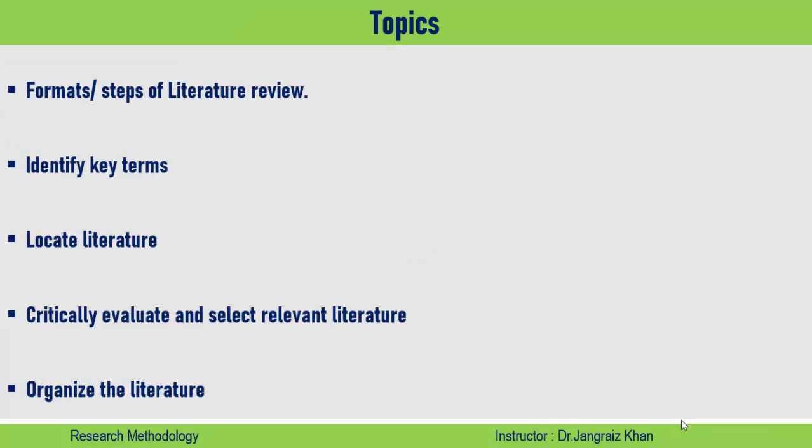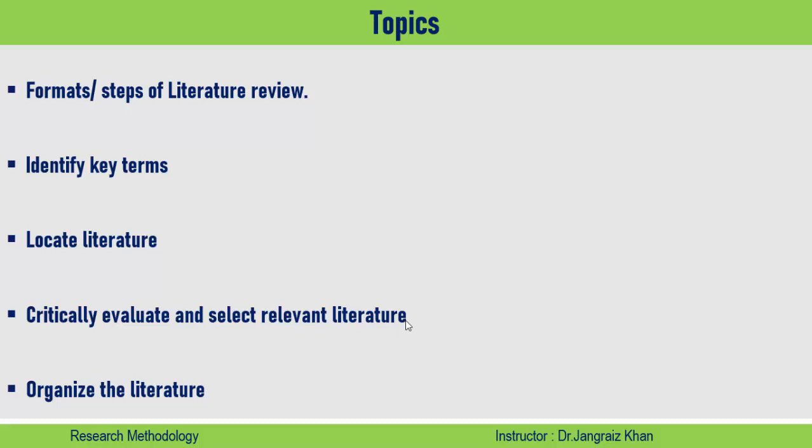In this lecture we will discuss the different steps of the literature review, including identifying the key terms, locating the literature from where you can get it, and critically evaluating and selecting relevant literature.